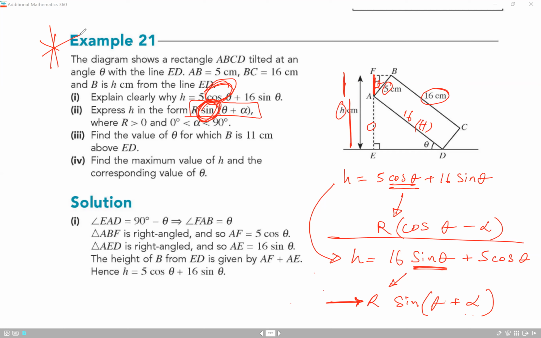Okay. So we need to convert this, right? So what is R? Let's quickly find what is R. R is equal to the square root of 5 squared plus 16 squared. What is tangent alpha? Tangent alpha is 5 over 16.